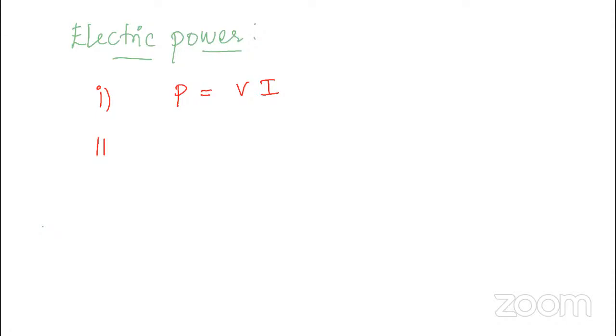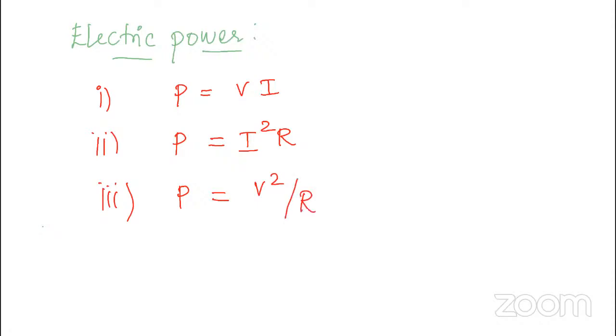The second one is P is equal to I square into R. And the third one is P is equal to V square by R. So keep these formulas in mind.